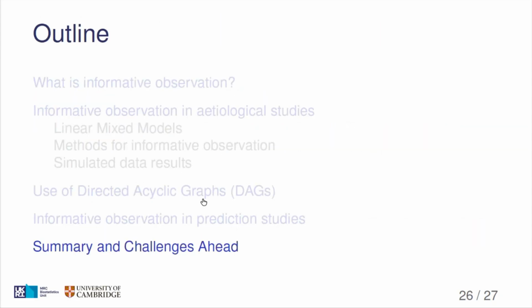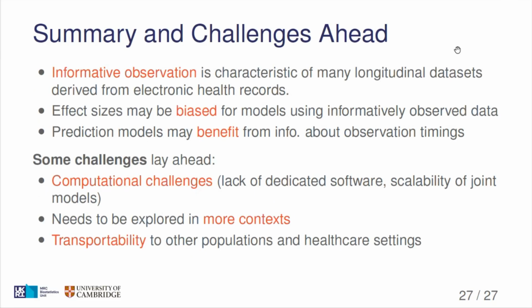Okay, so that's all the methods I'm presenting today. I'll just summarize first before I finish. As I said, informative observation is characteristic of many longitudinal data sets derived from electronic health records, and is, I believe, very context specific to the particular clinical area or scenario that is being analysed.